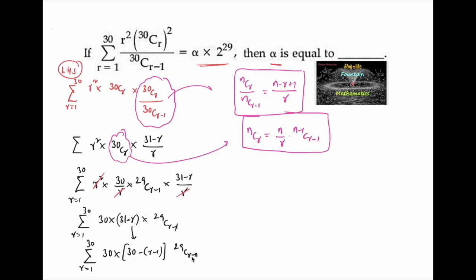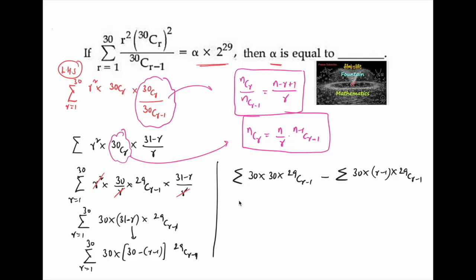So I want to express in terms of r minus 1, so that now we can split into 2 terms. Summation 30 into 29c r minus 1 minus summation of 30 into r minus 1 into 29c r minus 1.